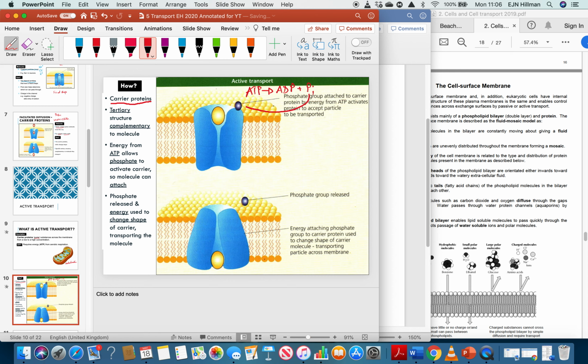That inorganic phosphate attaches to the carrier protein, and we refer to that as activation, or activating the carrier protein. Okay. At which point the molecule which is being transported is able to attach. So we get hydrolysis of ATP, the inorganic phosphate binds to the carrier protein, and then the molecule can attach.